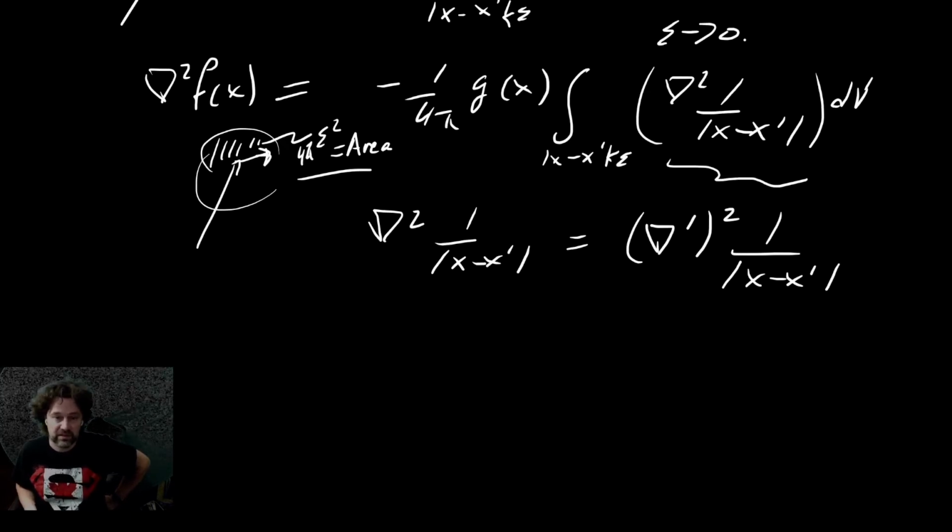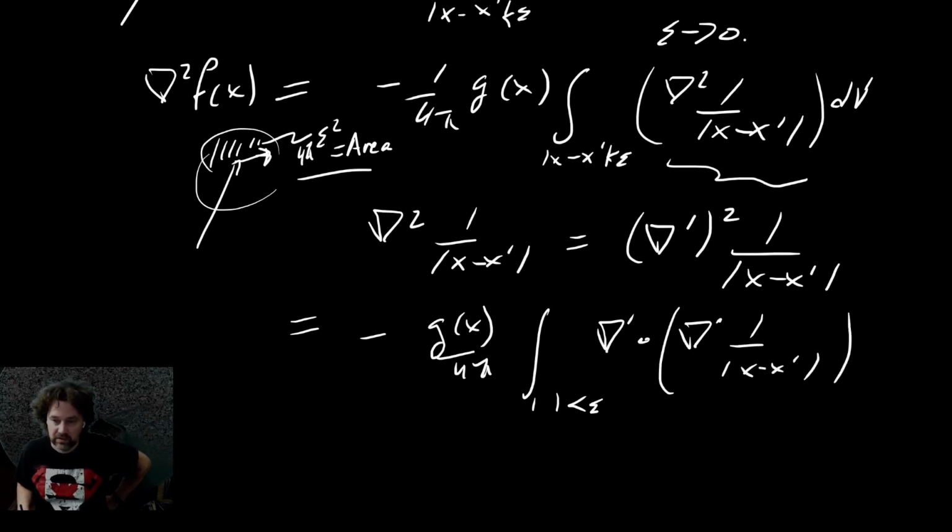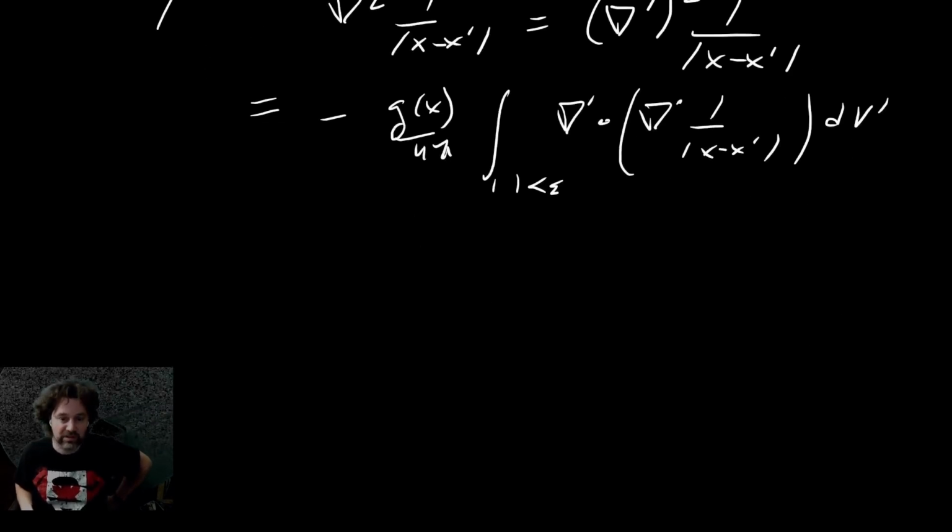Well, before we do that, we have g of x over 4 pi of grad prime dotted with grad prime 1 over |x minus x prime| dV prime. Now this is in the form that we can apply the divergence theorem.